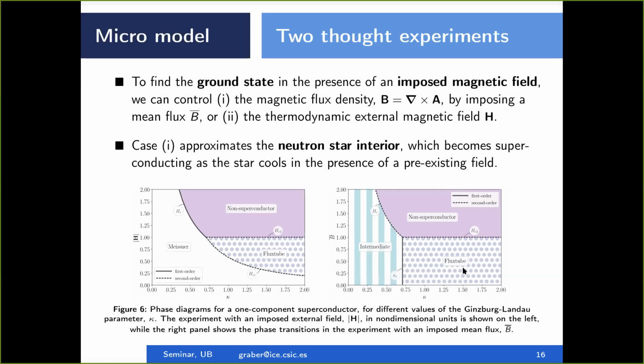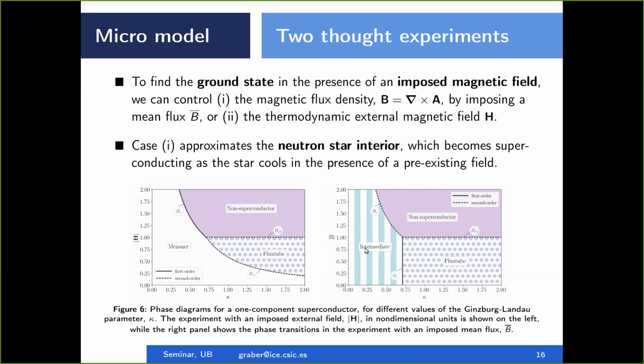For every single mean flux above the critical value, I have to have flux tubes somewhere. I cannot not have flux, but they will have a different separation depending on my value of B, until I go above the critical field. Because we use CGS units, B and H have the same value. Above that, I just have normal conducting matter again.